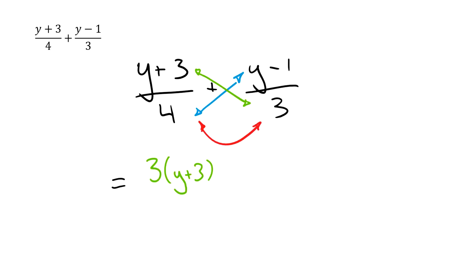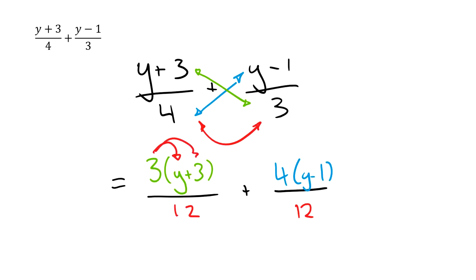On the bottom, we have 12. I'll change that to black. In the blue, we have 4 bracket y minus 1. The reason I'm doing this is to show that we do need to do our expansions. So again, draw your arrows to show multiplications.